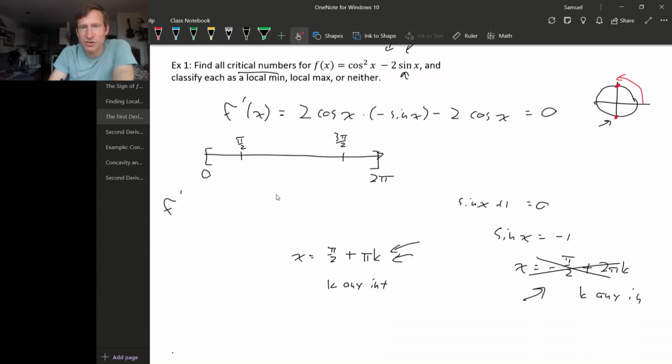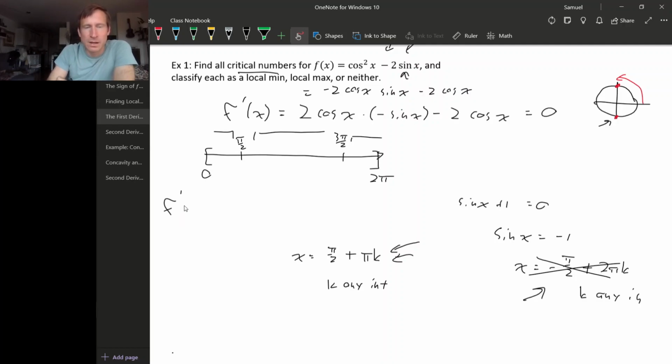So now we need to determine on each one of these intervals whether the derivative is positive or negative. So right, we have these 3 intervals here. And the derivative is right here, so let me write this out. So this is minus 2 cosine x sine x minus 2 cosine x.